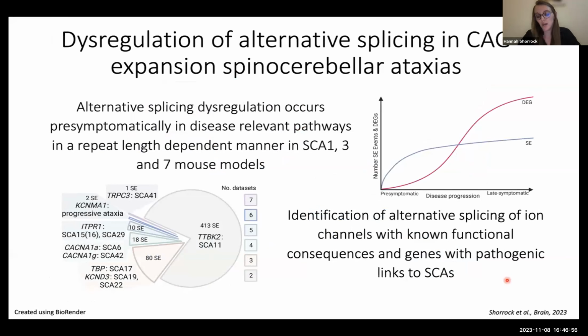I've also shown you that we've been able to identify alternative splicing of ion channels with known functional consequences, but many of these changes are actually also occurring in genes with pathogenic links to spinocerebellar ataxias. So for example, we know that mutations in TRPC3 cause SCAR41, and mutations in KCNMA1 cause a progressive form of ataxia. And we identified dysregulation of alternative splicing events of many genes that are known to cause different subtypes of spinocerebellar ataxias.